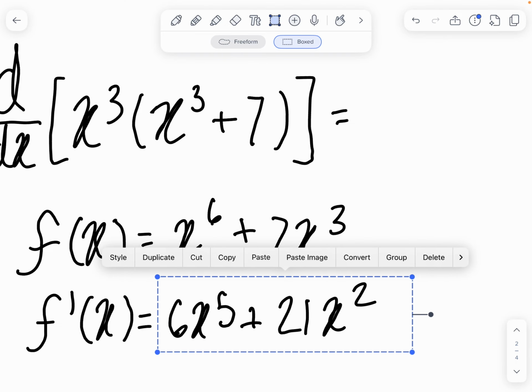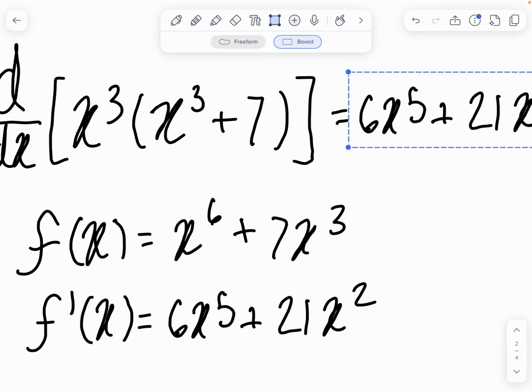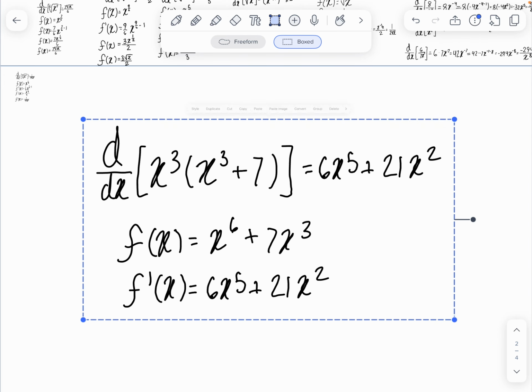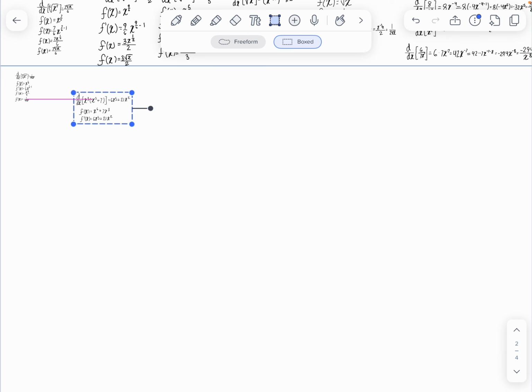So when you get the hang of it, you can start doing these questions really, really fast. I feel like I want to do a miscellaneous one. Hey, live life with no regrets.